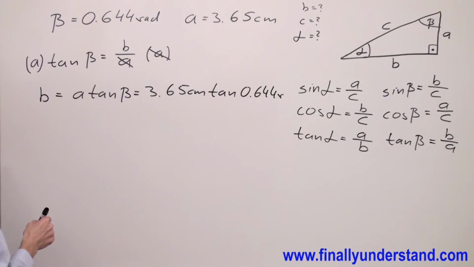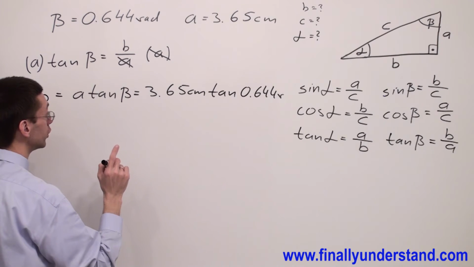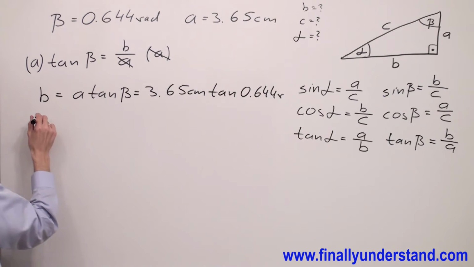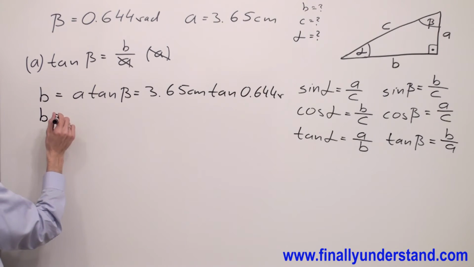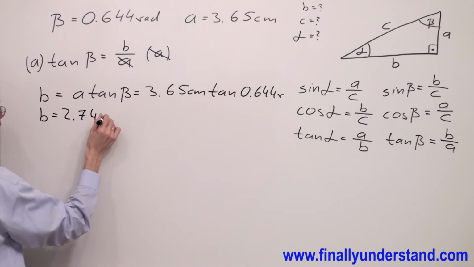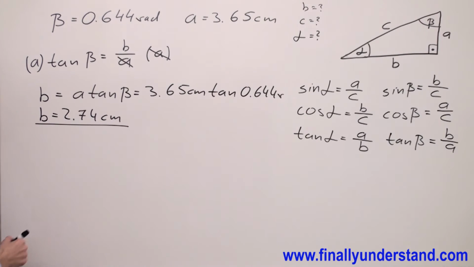Plug in these values into the calculator, but keep in mind your calculator must be switched to radians because the angle is expressed in radians. So B is equal to 2.74 centimeters. This is the length of side B.